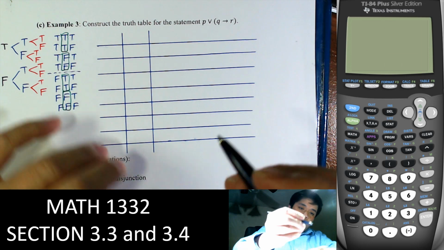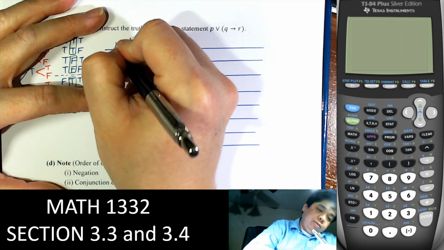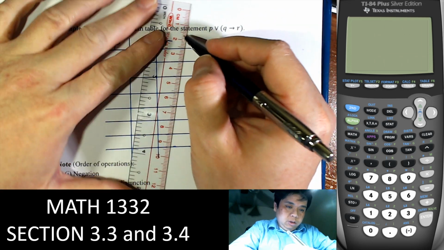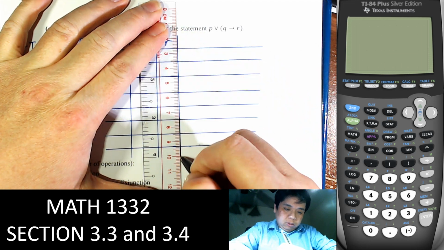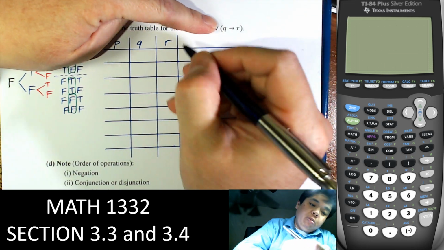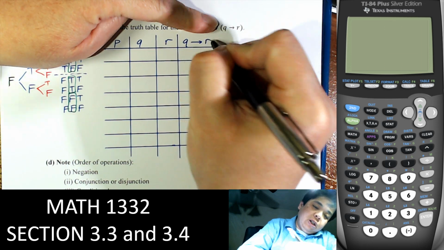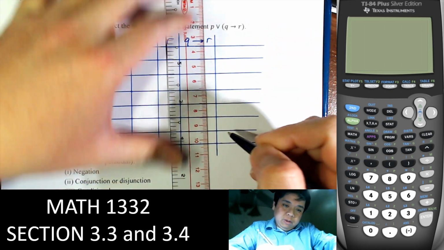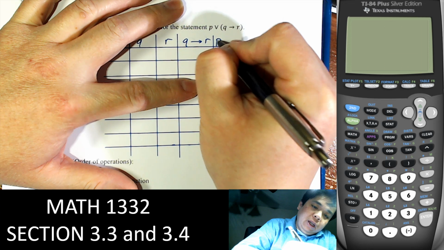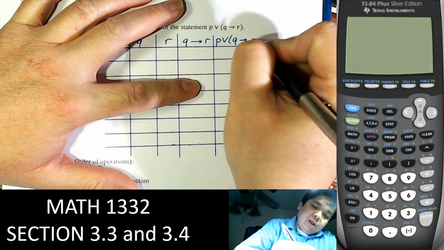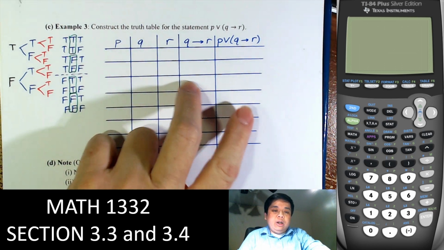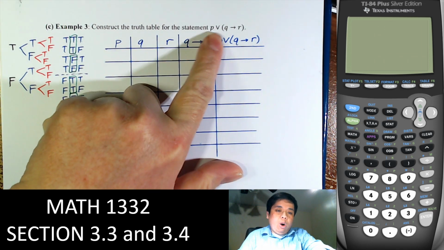So we're going to have P, Q, and R. Now we do inside the parentheses first. Q implies R. And finally, the last statement, P or Q implies R. So there are three simple statements and then two operations, the OR and the implication.